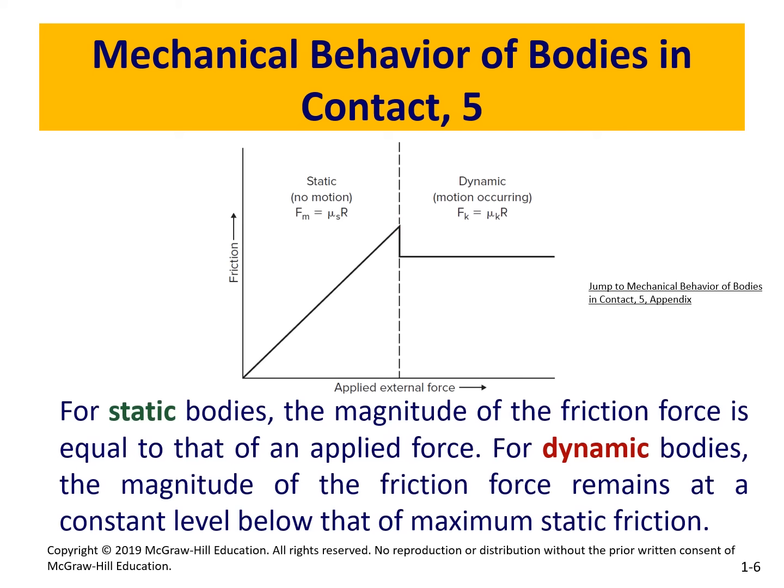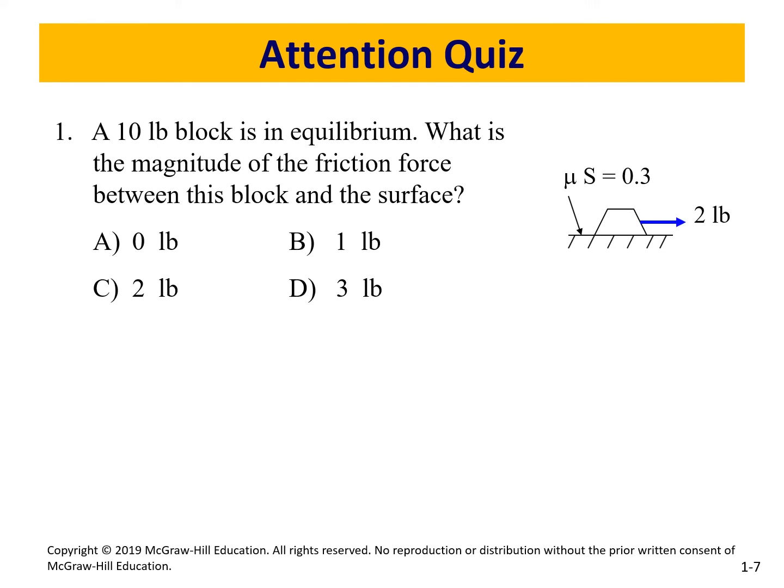This is a good time to check our knowledge with a quick attention quiz. I want you to read the question, pause a little bit, and see if you can answer. We have a 10-pound block in equilibrium, and the key word here is equilibrium. So the block is at equilibrium.